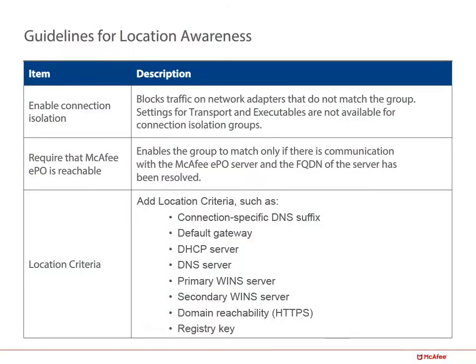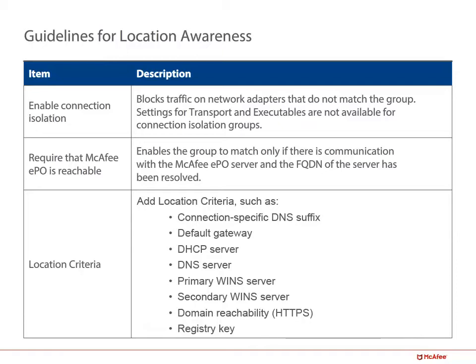Guidelines for the location awareness are that you can select, first off, enable connection isolation. One use of this option is to block traffic that is generated by potentially undesirable sources outside the corporate network from entering the corporate network.